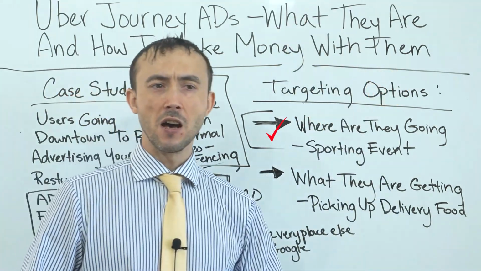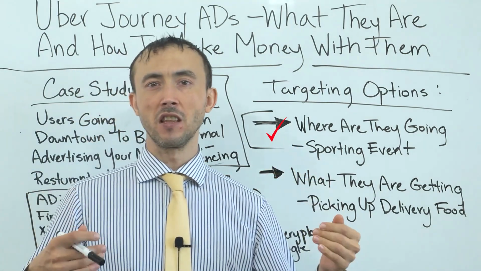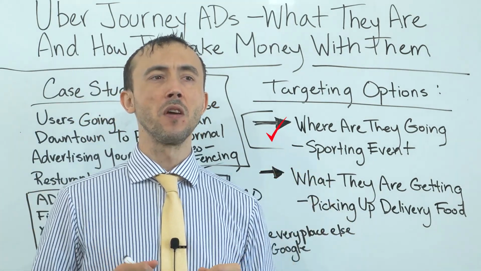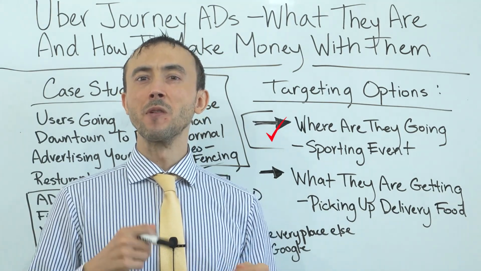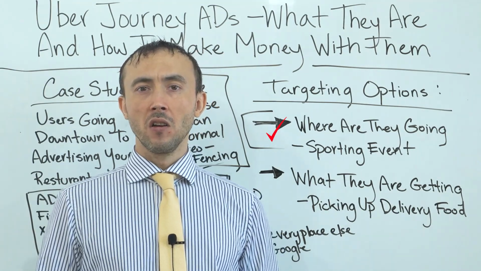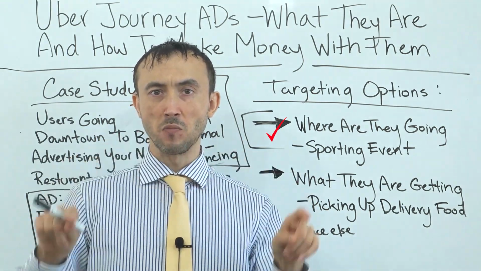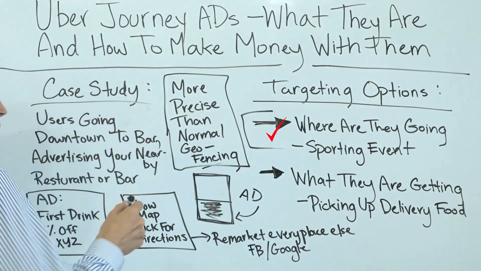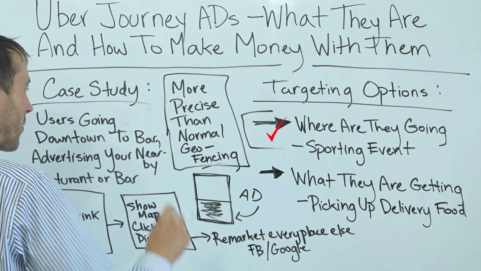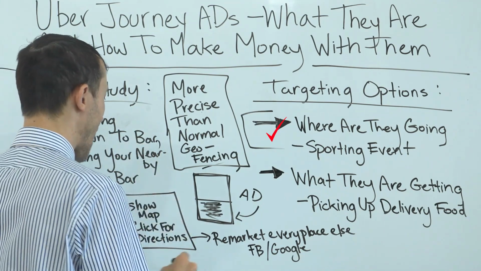So anyway, with that said, because it's a little bit hard to target somebody who goes into a certain club, you can do this with programmatic ads, which we've messed around with a little bit as well, where you can do geofencing around a certain business. You can target somebody that's been in a certain business. Uber Journey Ads provides an excellent opportunity in this specific instance to target the exact people that we want.